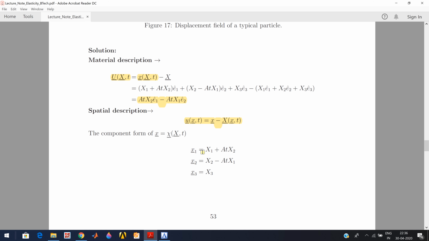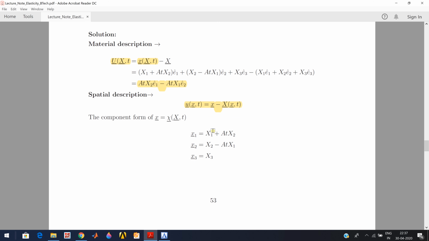From the mapping function, the first component of small x is the component of the motion in E1 direction, then the component of the motion in E2 direction is your x2, and x3 is the component of motion in the third direction, E3. So you have to just solve for capital X1, X2 and X3 in terms of small x and t from these three equations.